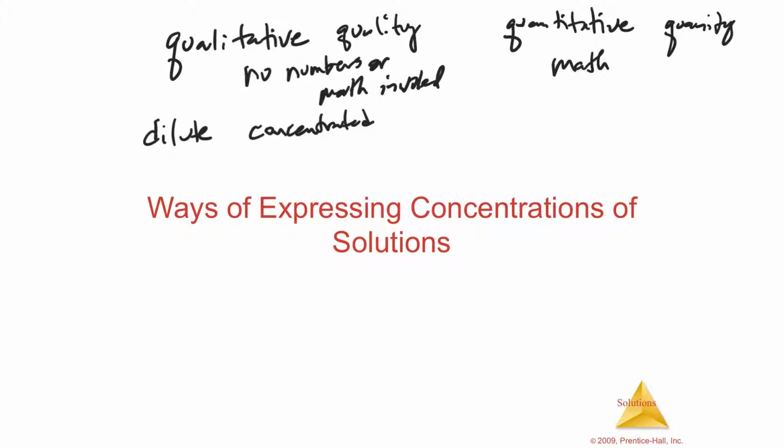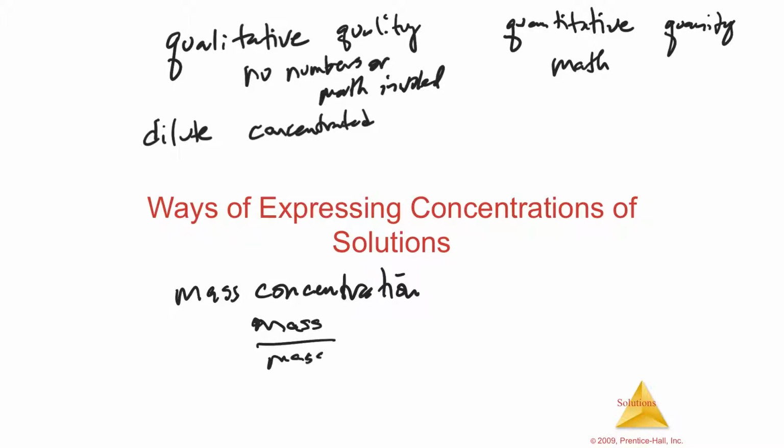So we're going to look at 4 different quantitative types of expressions for concentration. The first one is mass concentration, which is really easy because it's simply mass. It's mass of the solute divided by the mass of the solution.